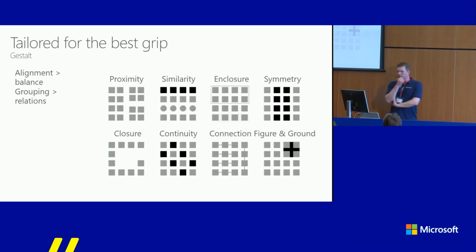Then some more theory. Gestalt. He has some principles about getting a focus on data in a really quick way. If you put these squares just one by one on a display, it's hard to process it. But if you use proximity or similarity or one of the other principles, you can enhance your story and get the viewer faster to the insight that you want to tell, the story that you want to tell.